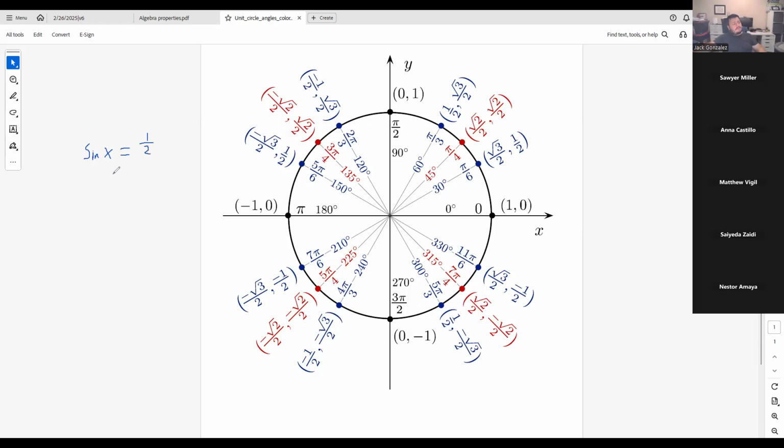So suppose I wanted to solve for this x. What you should do is apply the sine inverse on both sides, or arc sine, or the definition.